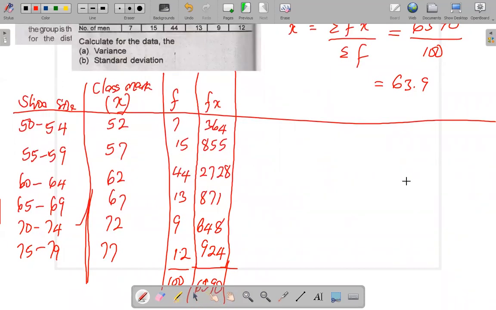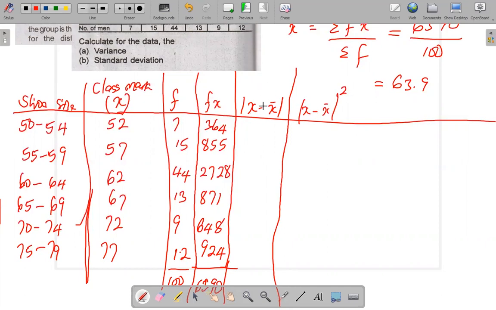With that, we need to get the deviation, which is X minus X bar. That is a deviation from the mean. The next thing we need is to square this deviation, and the sum of all the squares of the deviation will help give us the standard deviation. So the next column we need to prepare will be X minus X bar squared.